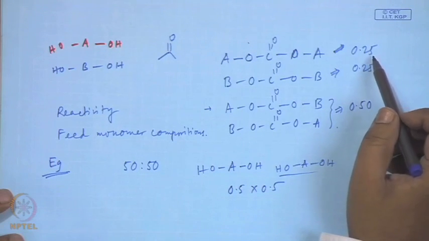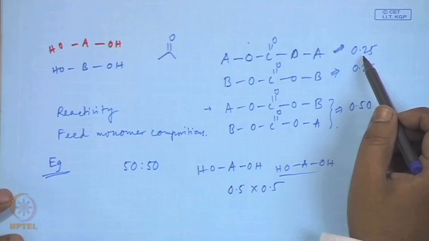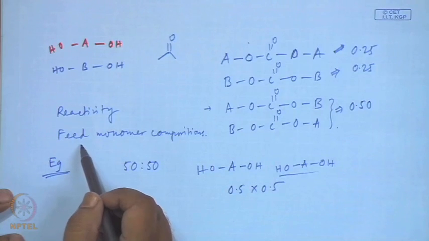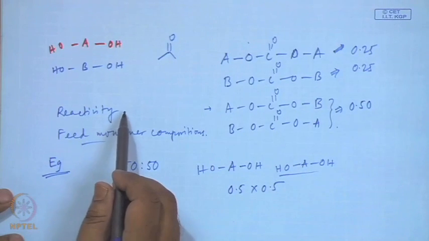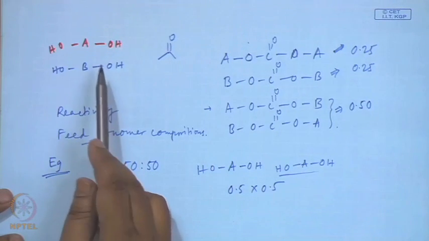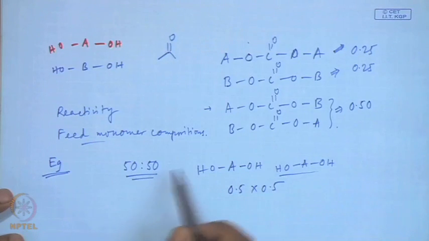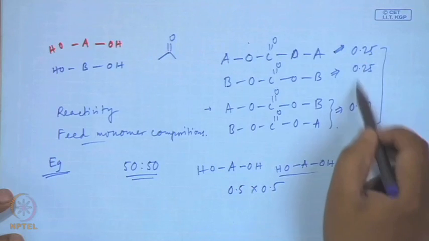So in a random polymerization, dictated only by the feed monomer composition and not by the reactivity of the 2 monomers, a 50-50 feed composition will produce these 3 carbonate linkages.